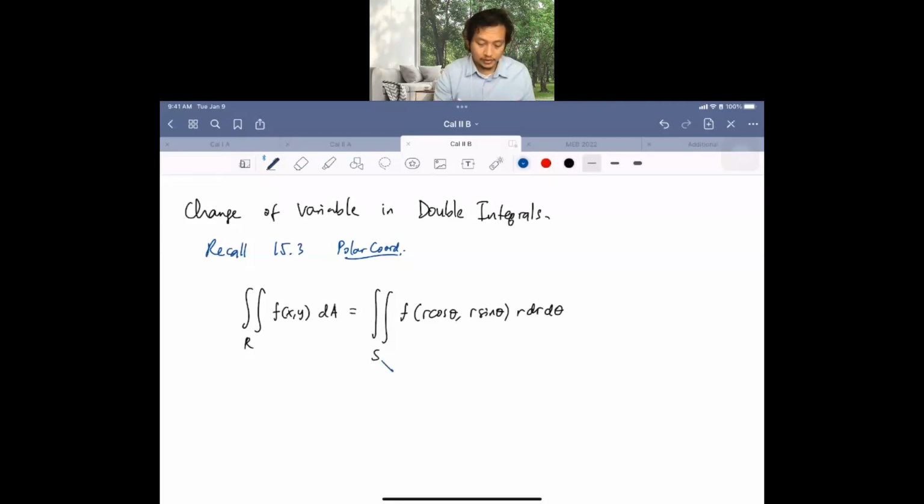Whereas S is the region in a new plane, the r theta plane. It's not the same as the xy plane, but it corresponds with the xy plane, which means we can convert them. Correspond to R in the xy plane.